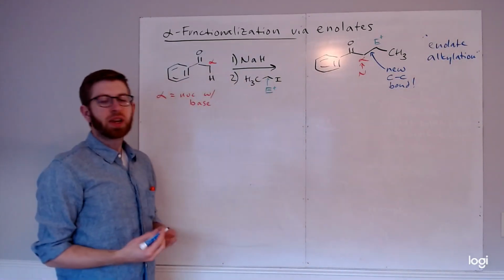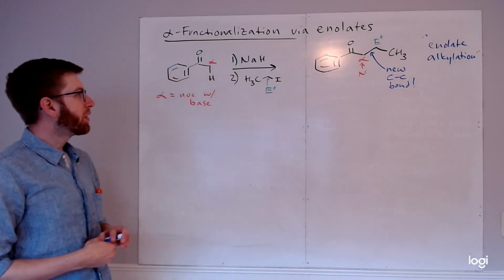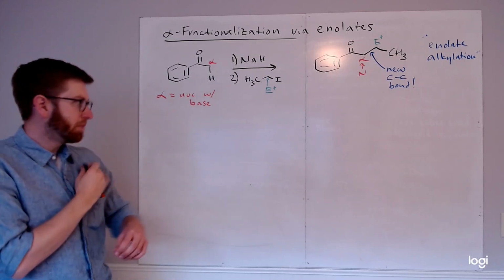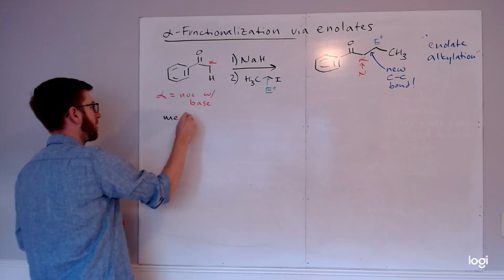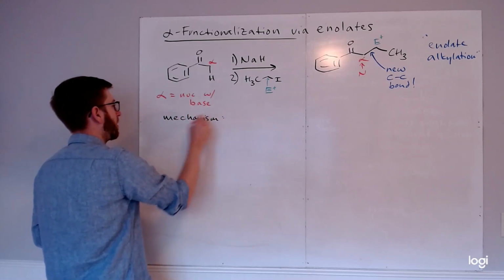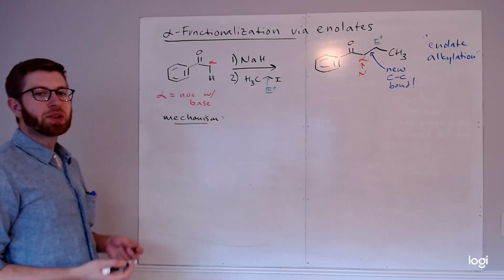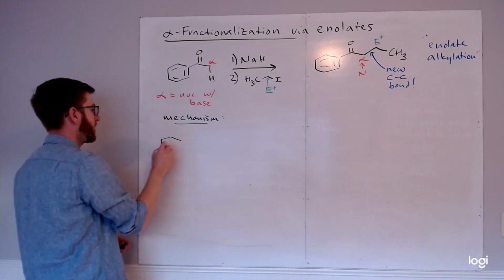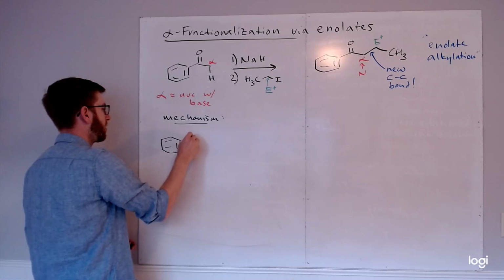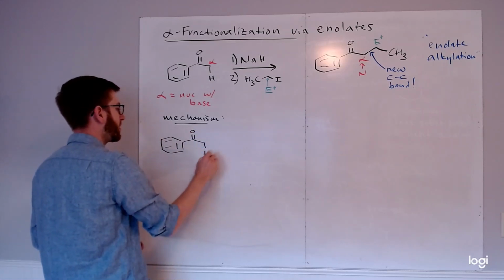We're not restricted to ethyl groups or iodides, right? So what we can think about here is a sense of mechanism, as this will allow us to make some predictions about what other kinds of reactions might happen. So we'll start out with our ketone and our sodium hydride.